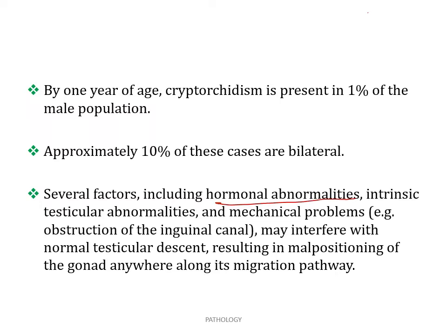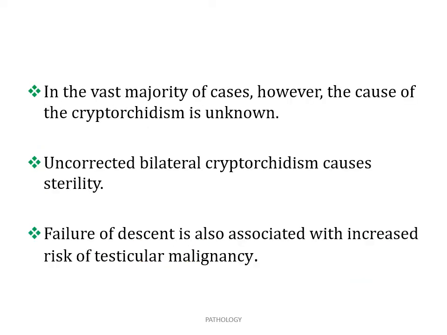To insist, they can cause normal testicular descent to be impaired, resulting in malposition of the testes anywhere along the migratory pathway from the abdomen up to the scrotum. In the vast majority of cases, the exact cause of undescended testes is unknown.